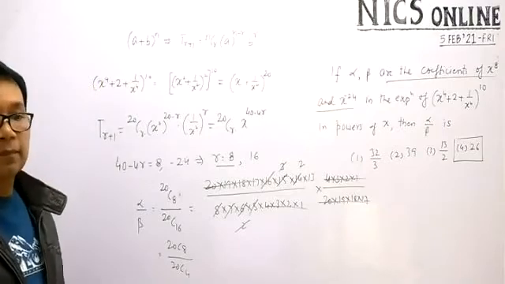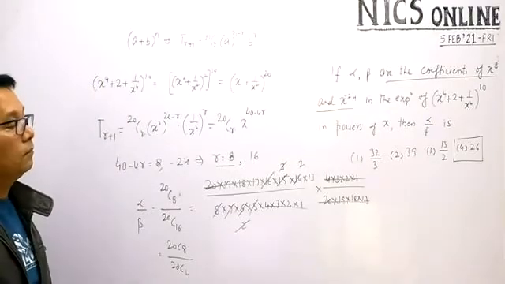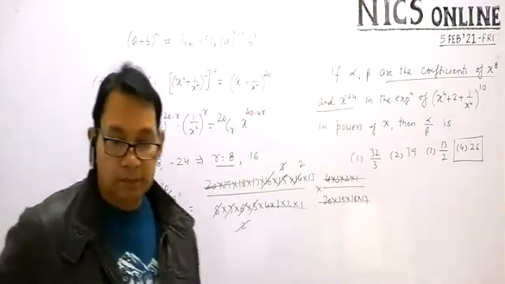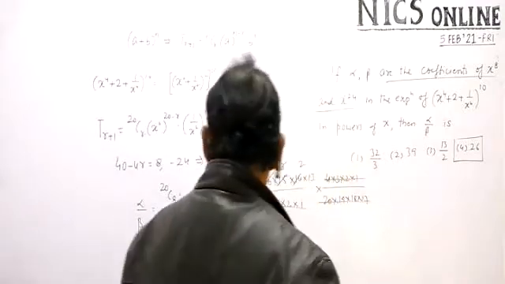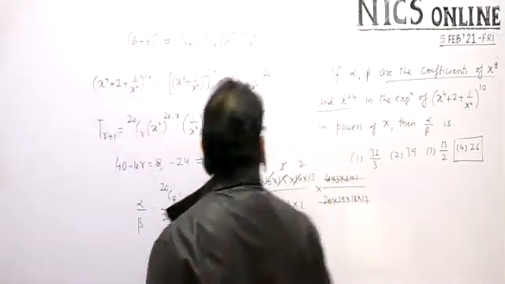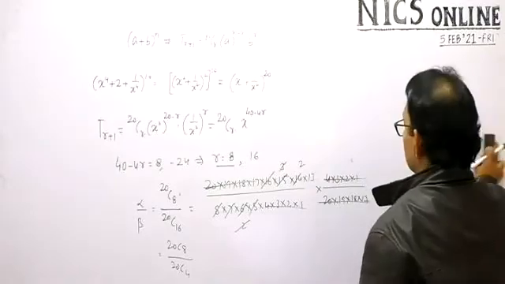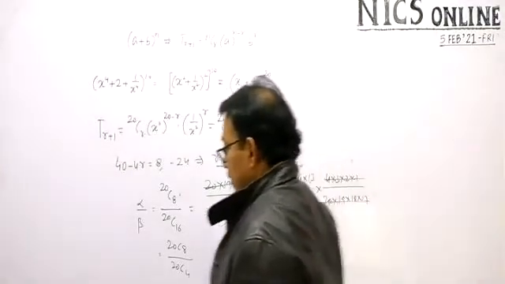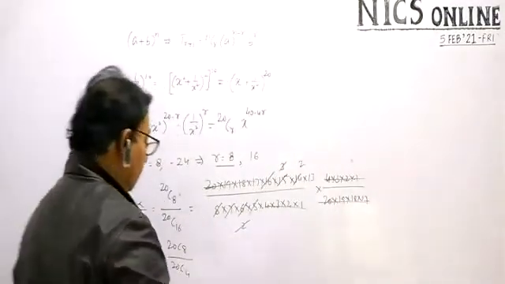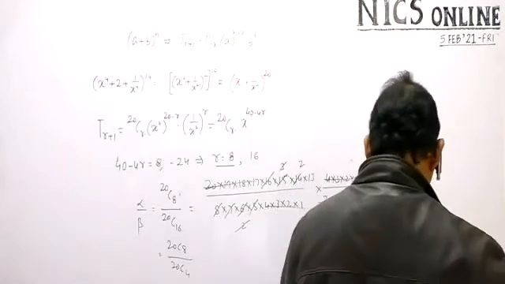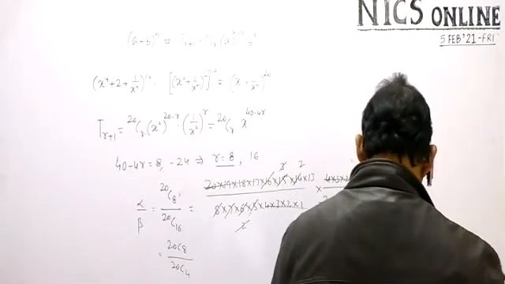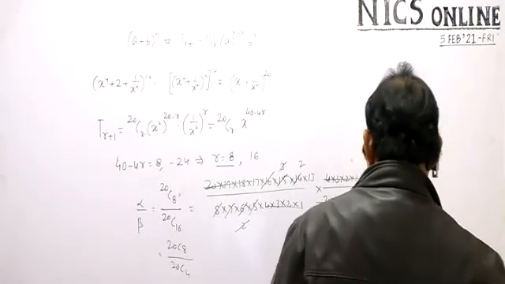Okay? आगे बढ़ते हैं. Now you can understand the kind of level of question we solve in the class. These questions are really, really easy for us because of that.